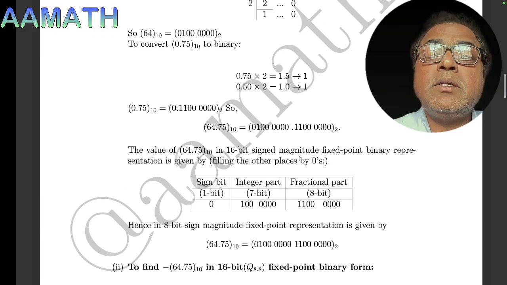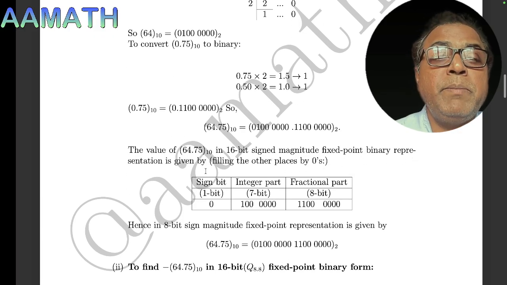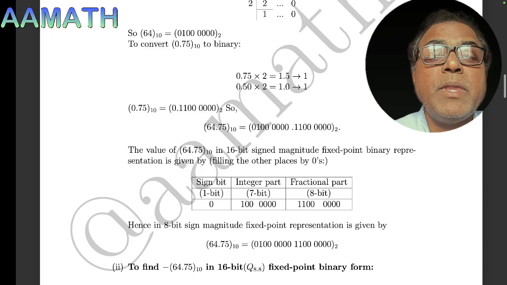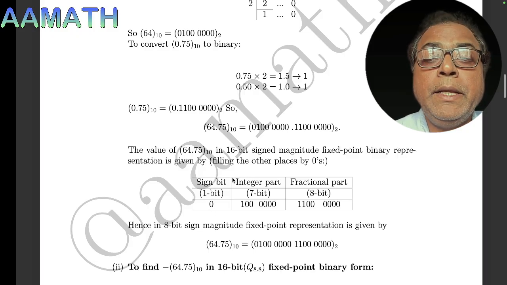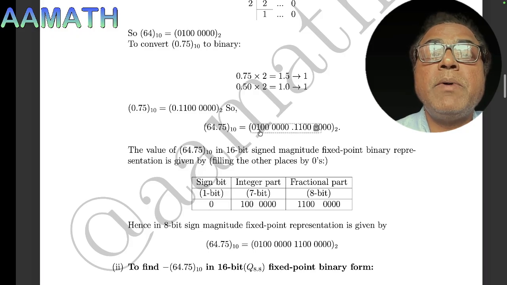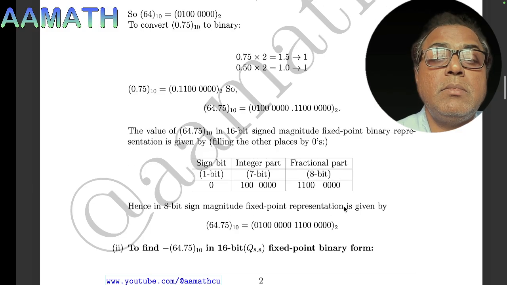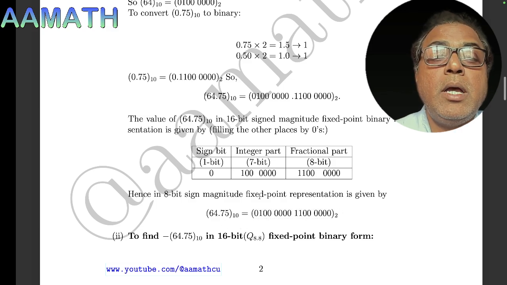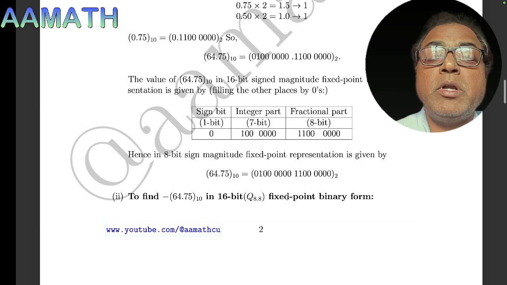This 16-bit signed magnitude fixed point binary representation is given by sign bit 0, then the integer part, this 100, and this 000, and the 8-bit fractional part is this. Hence, this is the sign magnitude representation. This fixed point representation is given by this.